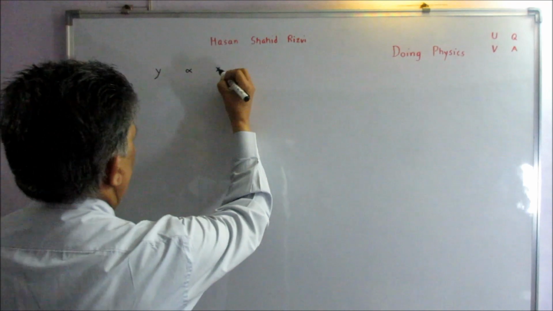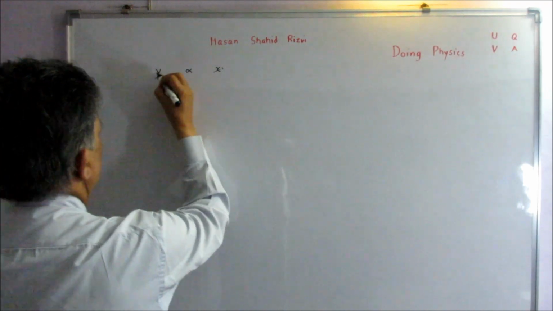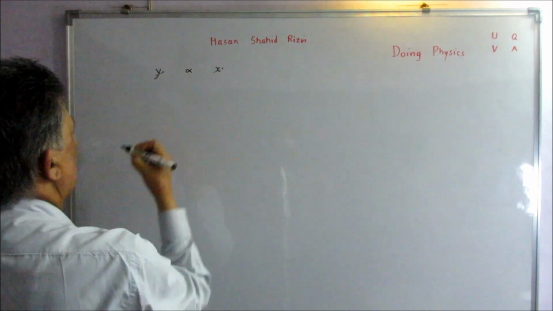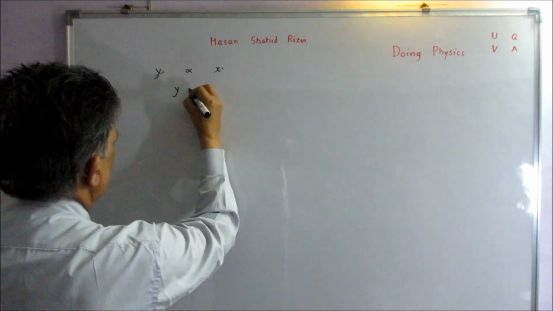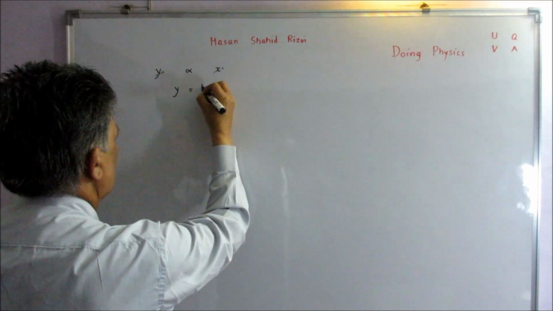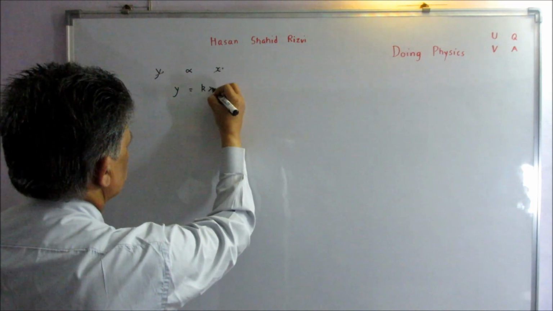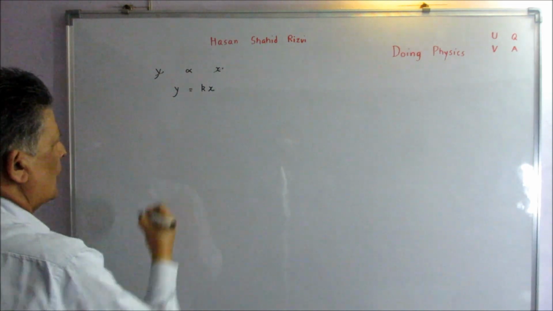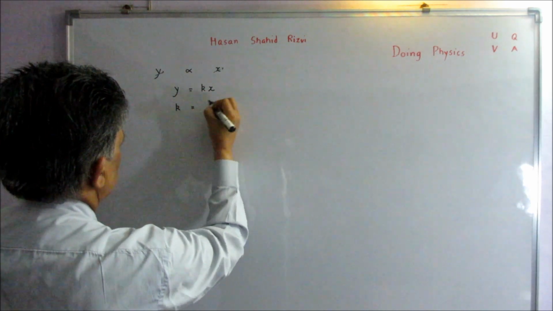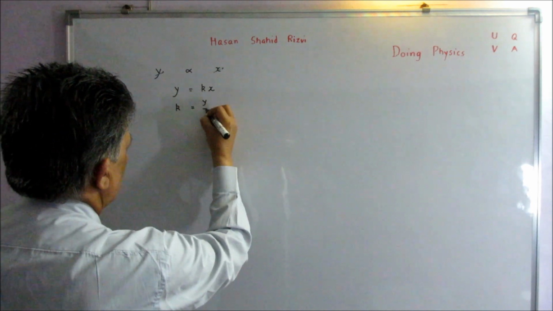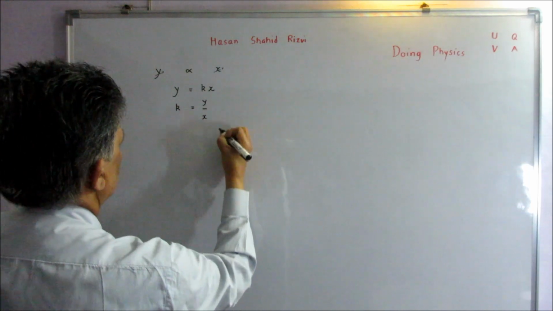If so, we found that here x is a variable, y is a variable, and then the ensuing equation is y is equal to kx, where k is equal to y upon x.